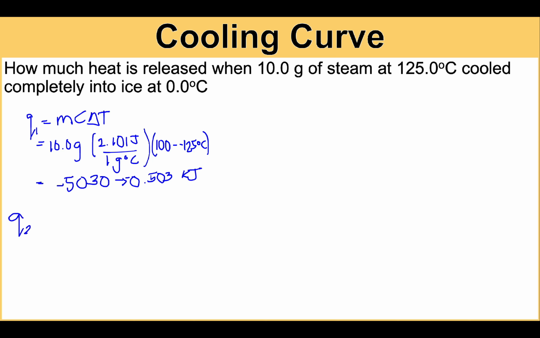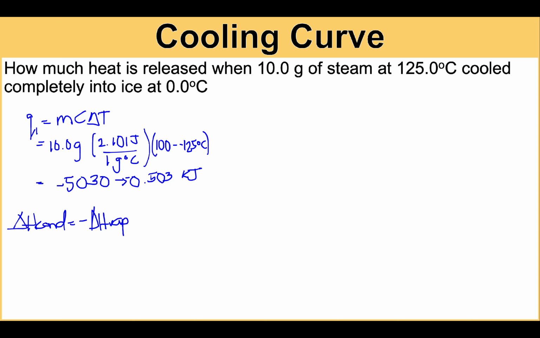Q2, it's a plateau. Remember, this time it's a cooling curve. In the heating curve, we use the heat of vaporization. But now, we're going to use the opposite of vaporization, which is the heat of condensation. Now, what is the value of heat of condensation? It's the negative of heat of vaporization.